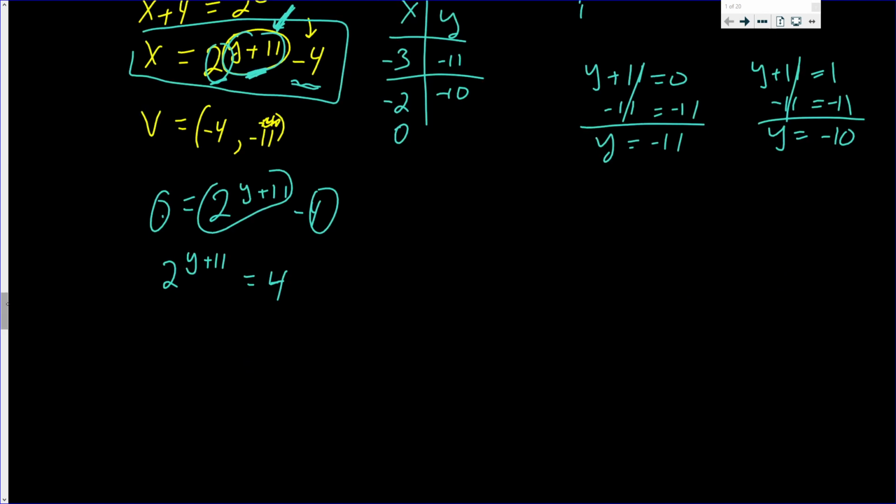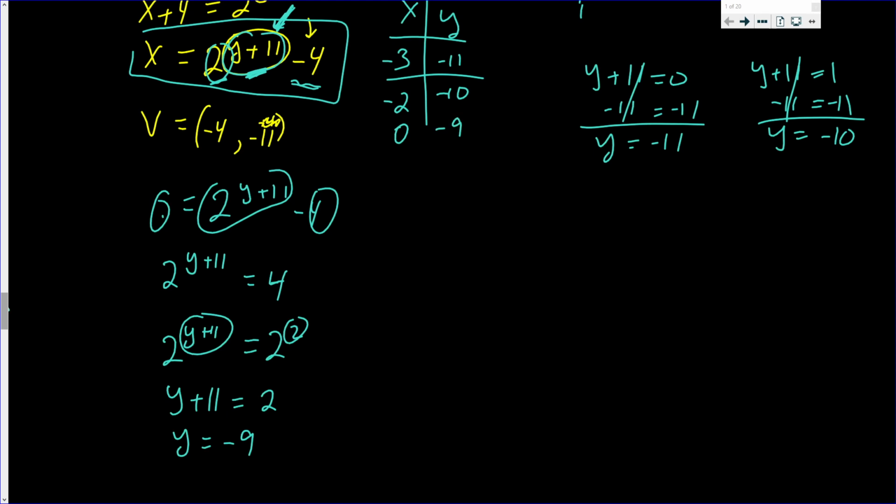Now 4 ended up being a good number because 4 is 2 squared. So you have 2 to this unknown power is equal to 2 squared. You can't raise 2 to different powers and get equality. That is, y plus 11 must equal 2. So y must be negative 9. Negative 9 plus 11 is 2. So y is negative 9.